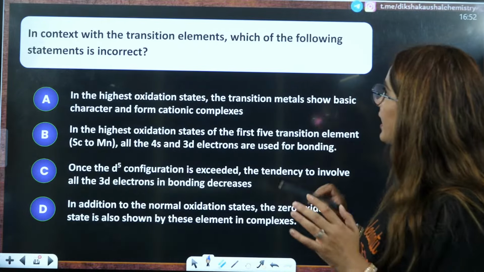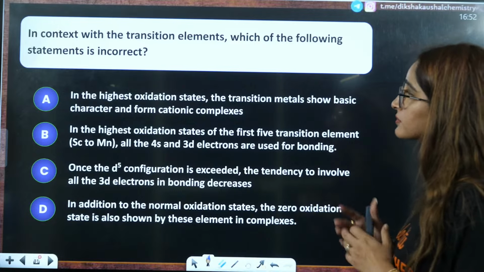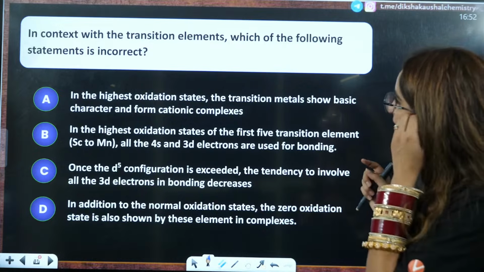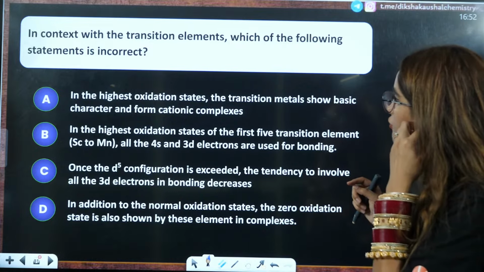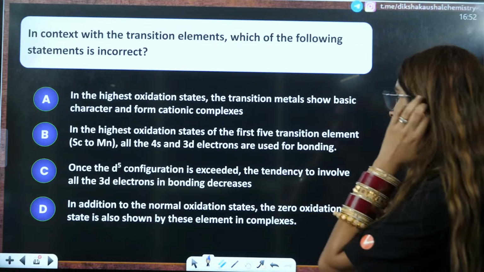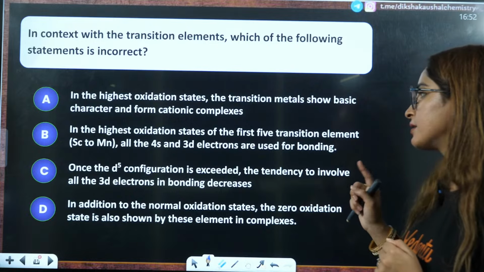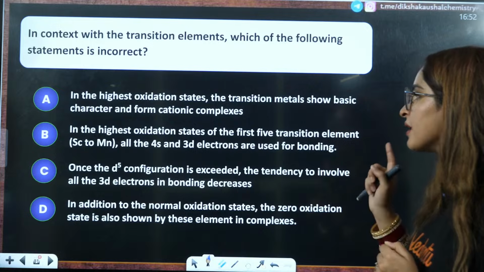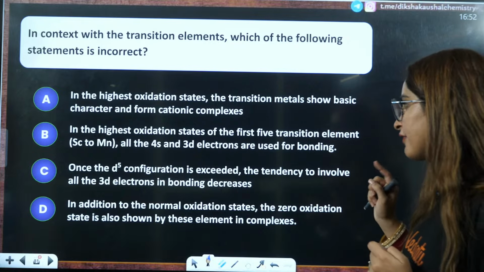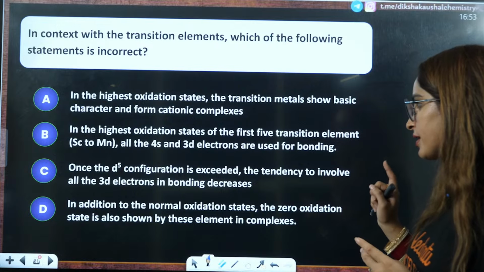Next is the question on transition metals. Which of the following statements is incorrect? In the highest oxidation state, the transition metal shows acidic character, forms cationic complexes. In the highest oxidation state of the first 5 transition elements, all the 4s and 3d electrons are used for bonding. Only after the 3d5 configuration is exceeded, the tendency to involve 3d electrons in bonding decreases.